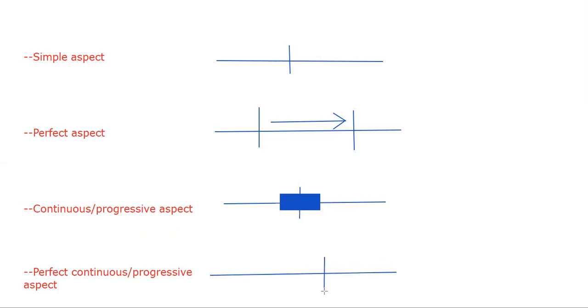It's kind of like this. This one's kind of hard to draw, so forgive me. So with the perfect continuous progressive aspect, which is like a combination of the two, it's like this, basically.